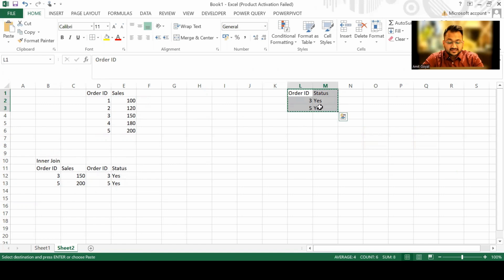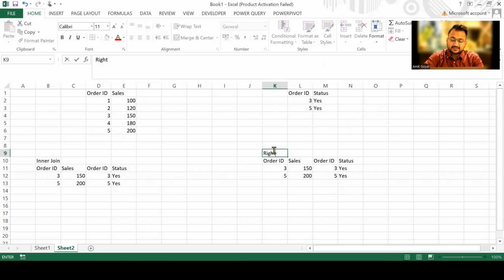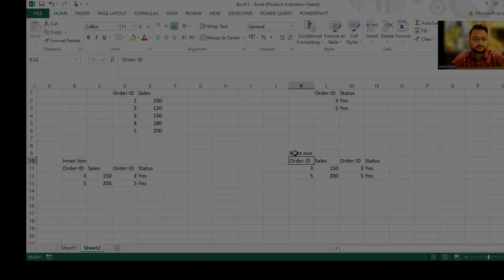It gives complete data from the right table and matching data from the left table. So I will get this as an output if I make a right join. If you see right now, in both the cases my output is the same. So there can be multiple scenarios where the same output can be achieved by more than one join type as well.